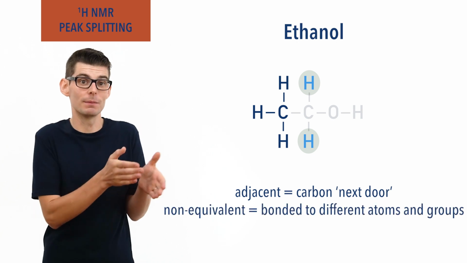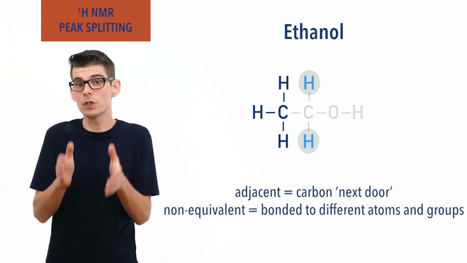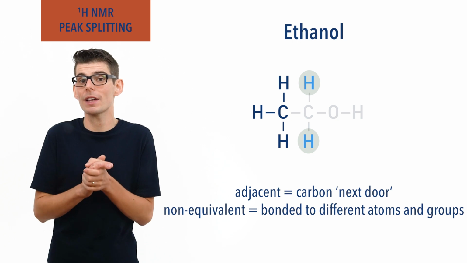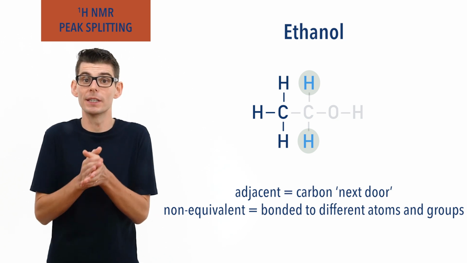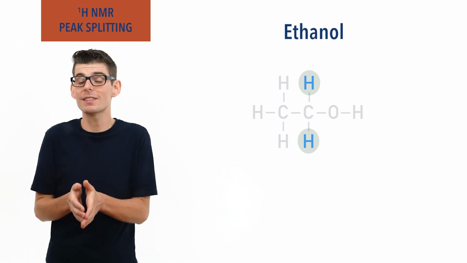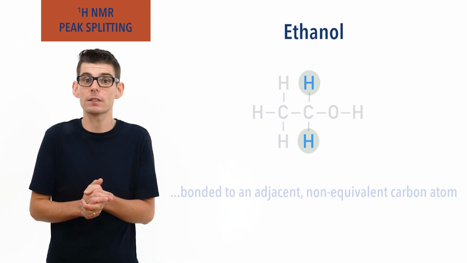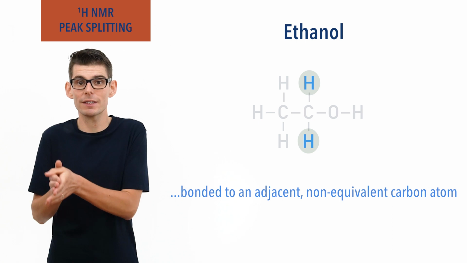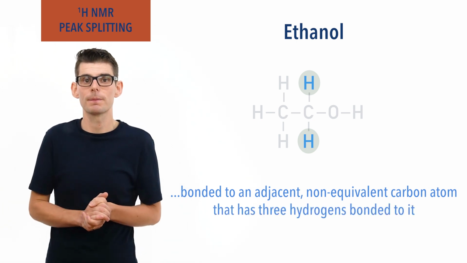It isn't the same type. As a result, we would say the 2 hydrogen atoms bonded to the first carbon in ethanol are bonded to a carbon that is bonded to an adjacent non-equivalent carbon atom that has 3 hydrogen atoms in its environment.